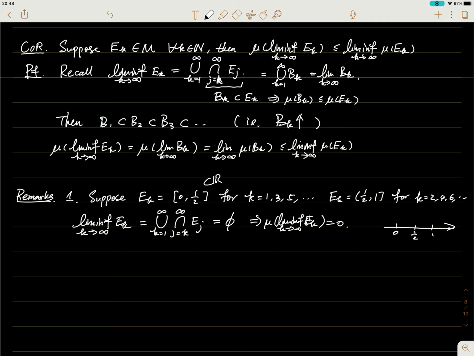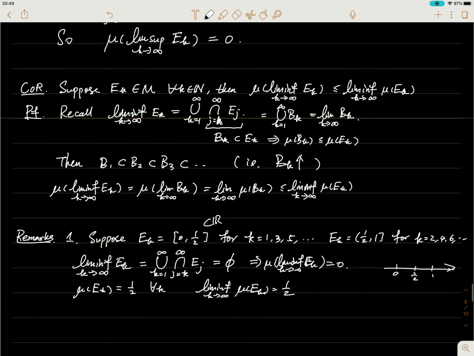Okay, and on the other hand, let's look at the Ek itself. All of the Ek's we have seen so far have the measure 1/2 because they are these intervals. So the mu of Ek is equal to 1/2 for all the k's, and that's why the limit actually exists and will be just 1/2.